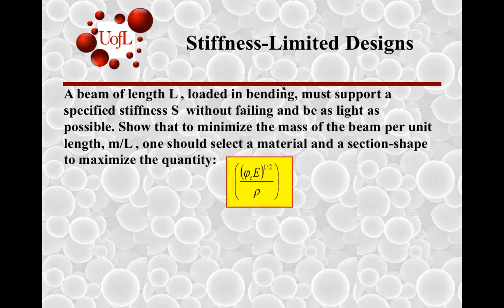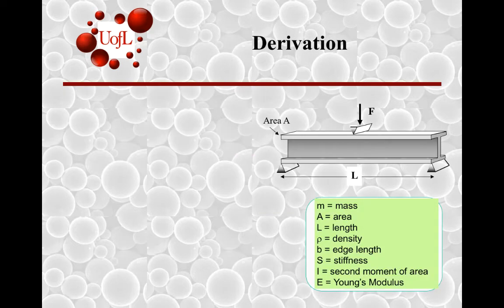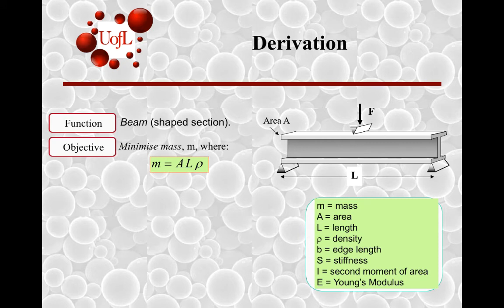So our job would be to derive an equation. So we are looking at the stiffness of the beam S that's loaded by a force F and a span length of L. So the derivation goes as follows. You know that the function is the beam. You know the objective is to minimize the mass, where mass is A times L times rho.